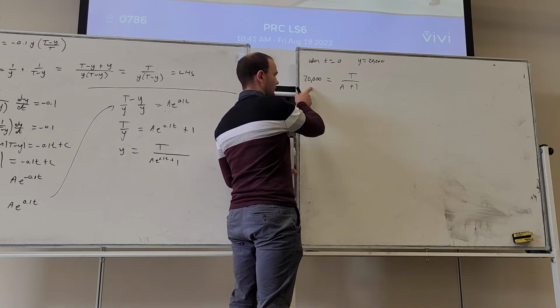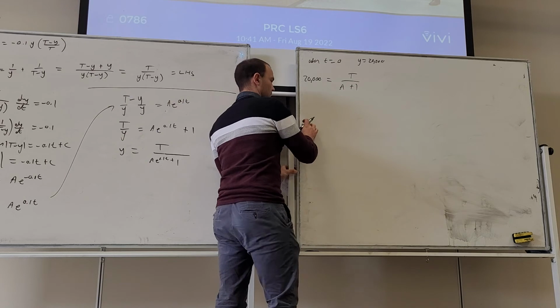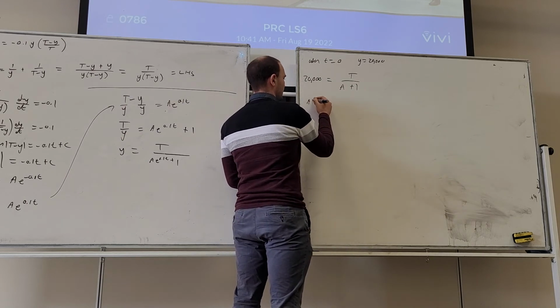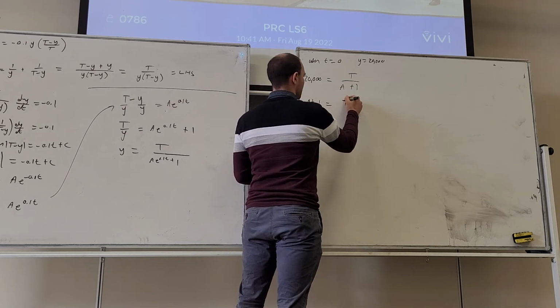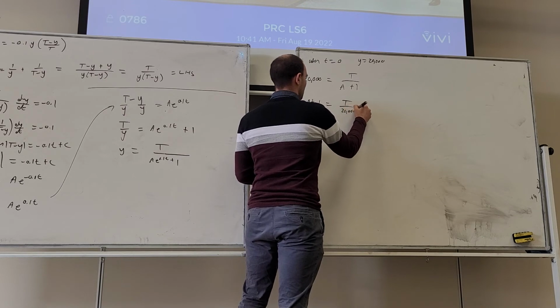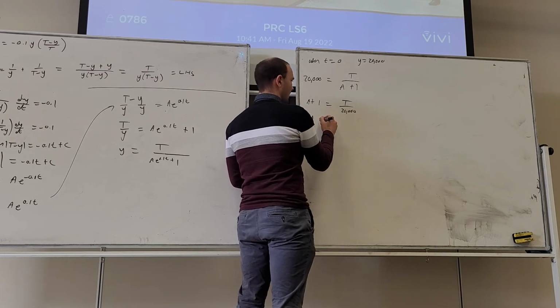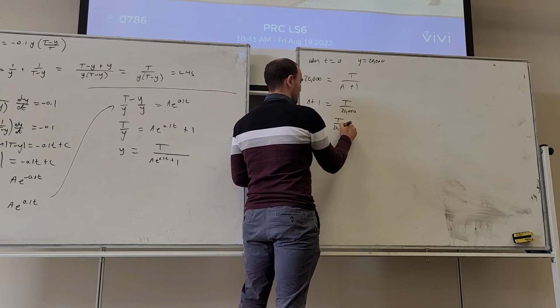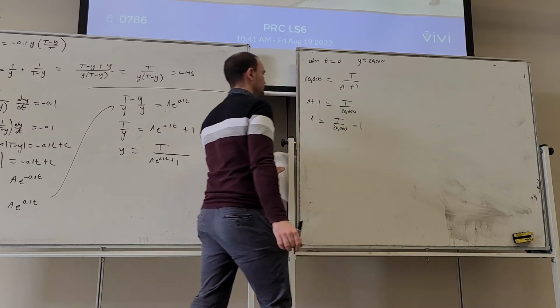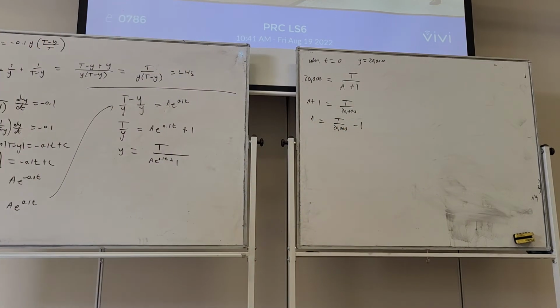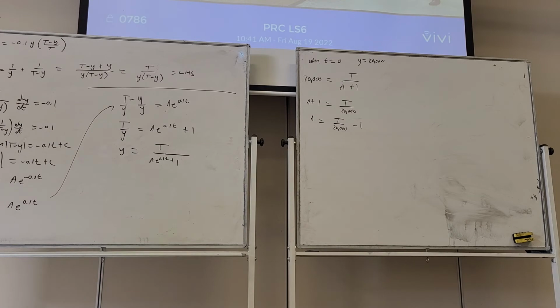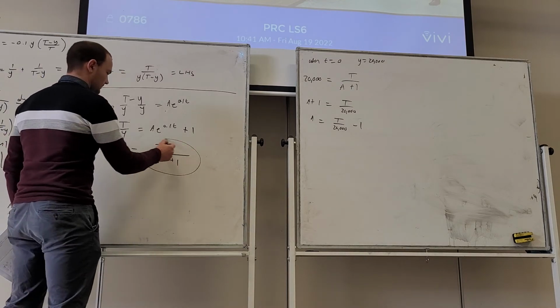Here's what I'm going to do. I'm going to solve for A and then substitute it back into the problem we know. So we've got here A plus 1 equals T on 20,000. And then I'll subtract 1. So we've got A equals T on 20,000 take away 1. Okay, so I've got a value of A, and I'm going to perform that substitution into this equation here.